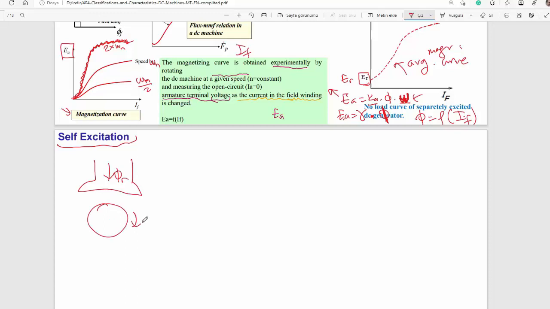When you rotate the armature at the rated speed, here you induce ER, that is field current versus EMF. It is ER here, even if there is no field current yet. And then it will be like this.